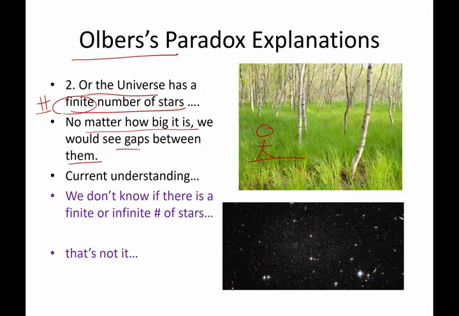If you were standing in a forest and there were lots of trees, but a finite number of them, you could always see gaps between individual trees. Well, does that match what we know about cosmology? Not at the moment, because we don't really know. Are there an infinite number of stars or not? We don't think that this is the answer to why the sky has dark patches between the stars.